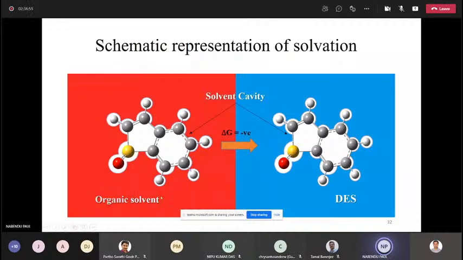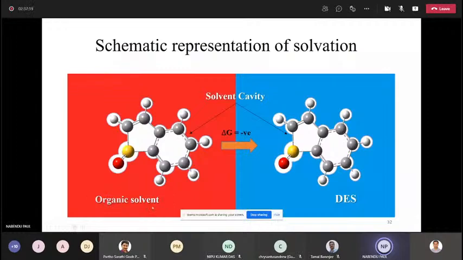So we are trying to find another solvent which can transport these sulfur compounds from this organic solvent to that solvent, so that this organic solvent can be used again, or this solvent can be directly used in separating the sulfur compound from fuel oil.